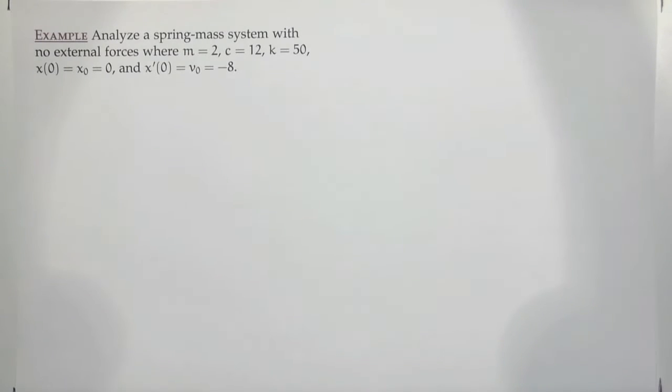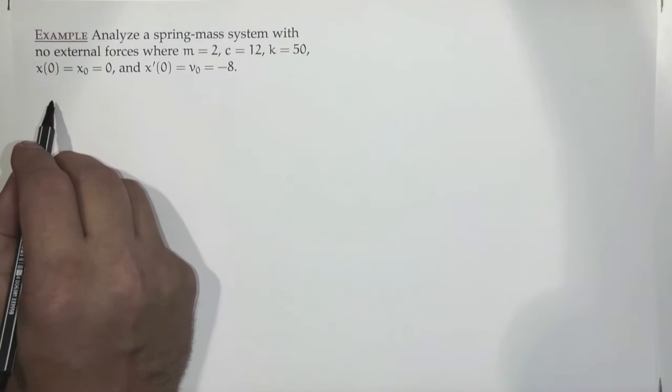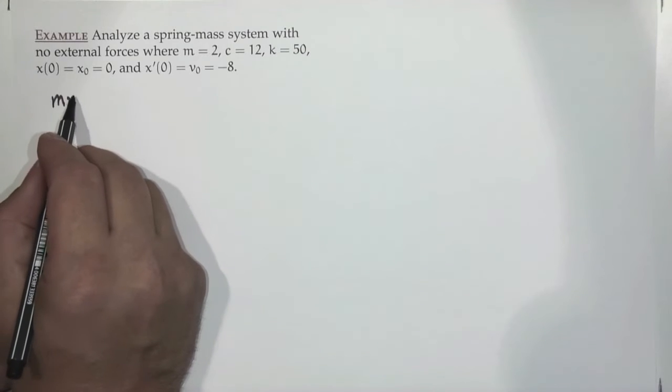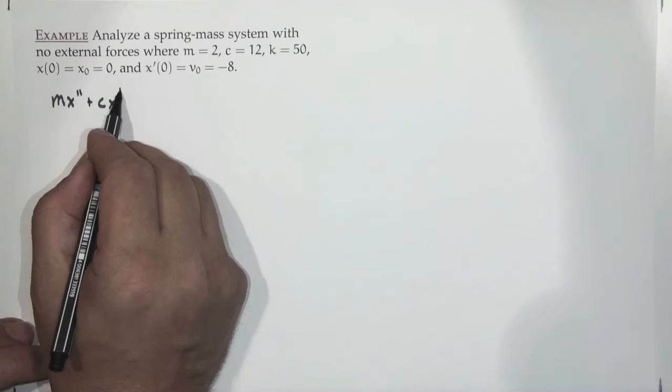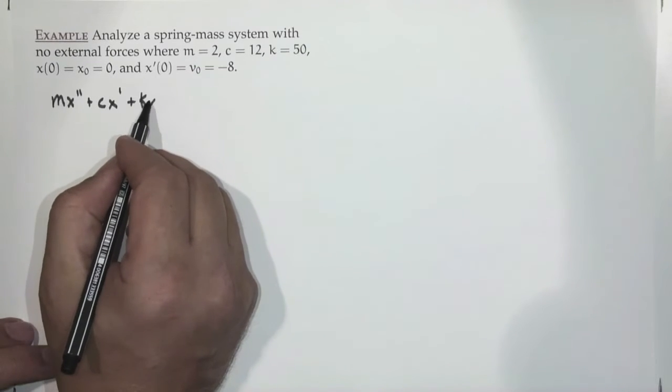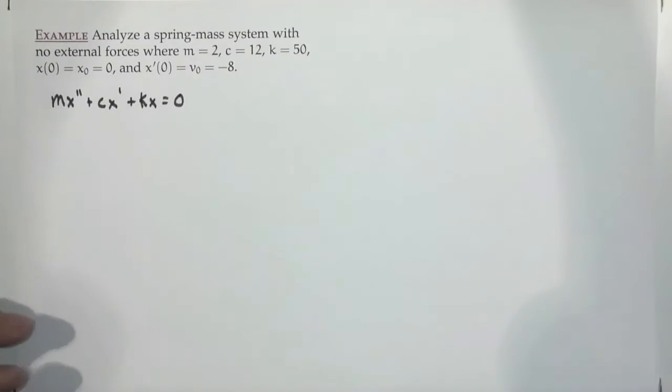So the first thing we should do is write down the equation. Since it's a spring mass system, we know it has the form m x double prime plus c x prime plus k x equals 0. That's just our generic form. And now we have to think, what are the values of m, c, and k?